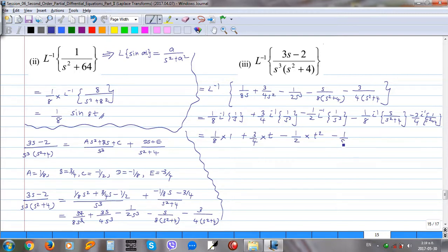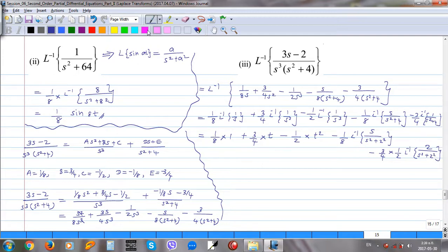Minus 1 over 8 L inverse of s over s square plus 2 square, then what is this, cos 2t. Then this one I can write 3 over 4 over s square plus 2 square, it means I need 2 there, that means I have to multiply by half and by 2 over s square plus 2 square.